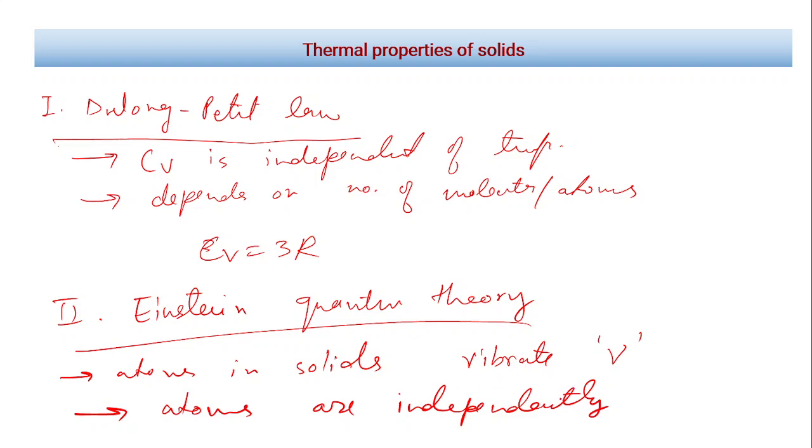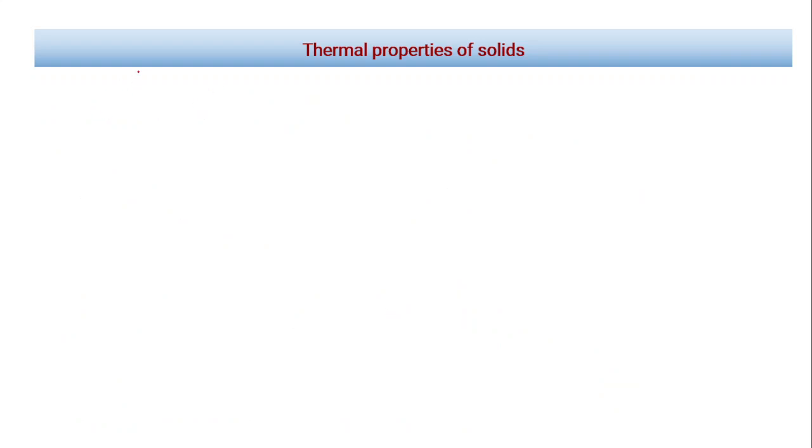This was another assumption. Depending on this, since all the atoms are independent and vibrating like harmonic oscillators, he gave the energy of every atom or molecule as this, where n is an integer. So energies cannot be continuous. It has to be discrete values.